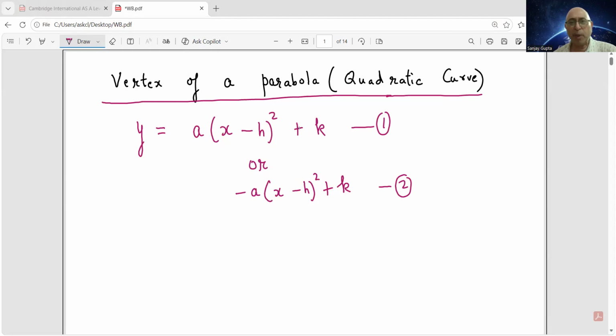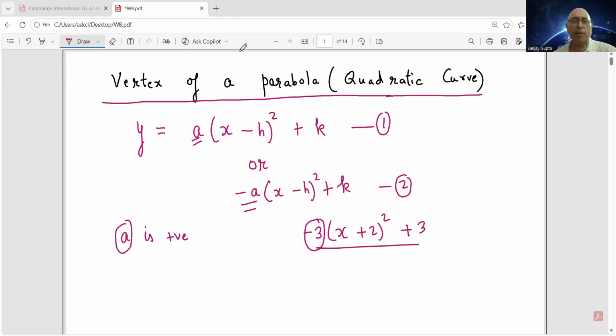What is the difference? In type 1, this coefficient a is positive. And here we have minus a, which means we have something like minus 3 times (x plus 2) whole square plus 3 or something. So this coefficient here is negative, whereas in the first form, the coefficient a is going to be positive, right?